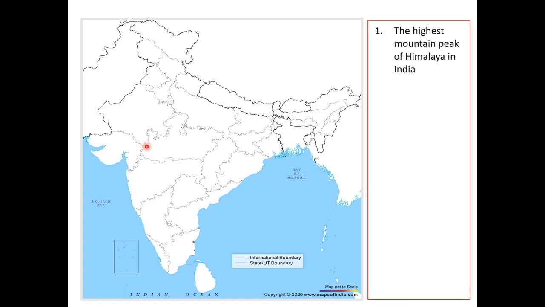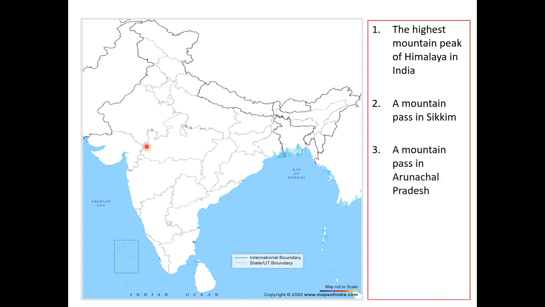Next we see the highest mountain peak of Himalaya in India, a mountain pass in Sikkim, a mountain pass in Arunachal Pradesh, and Shipkila Pass. This is the highest mountain peak of India. It is called K2. K2 is in Ladakh.